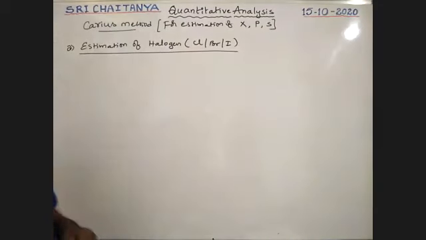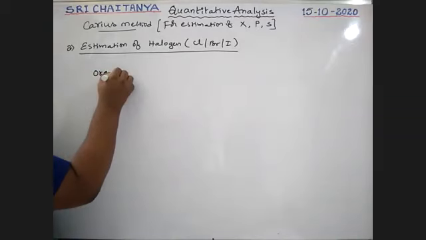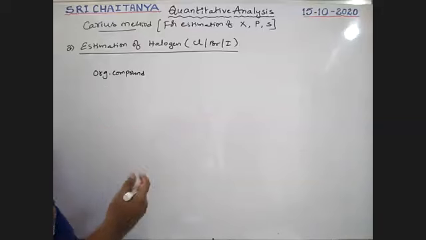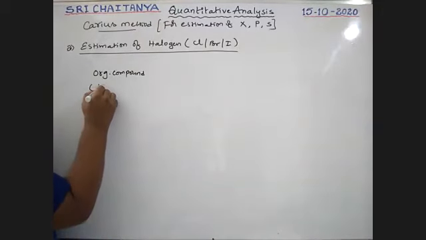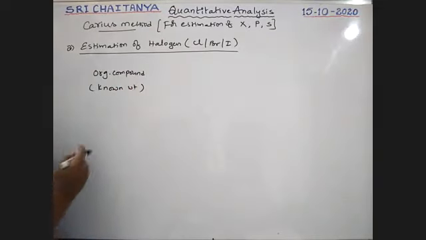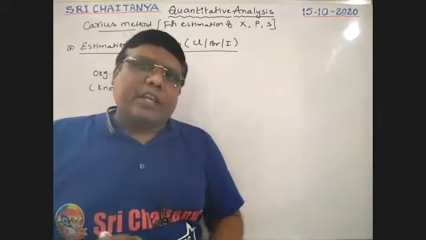Listen carefully. Take a little organic compound. Before entering into the experiment, find out its known weight. We know how much weight of our organic compound is involved in the reaction.